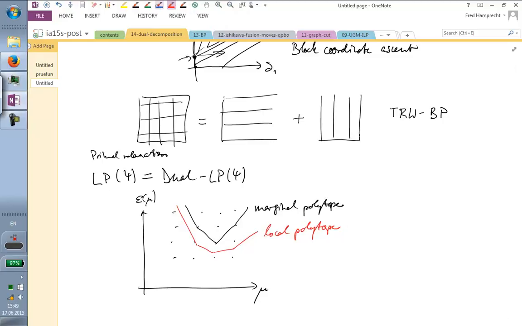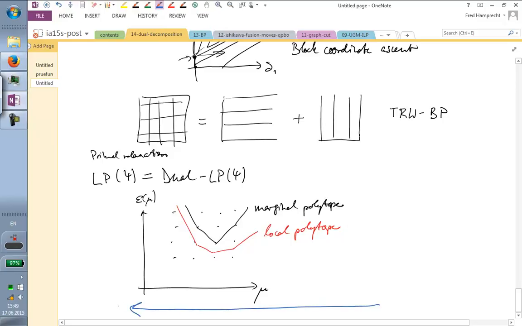And now we have a second space. I'm drawing a second set of coordinate axes here. We have this dual space with its dual variables delta, and with this Lagrangian that we want to maximize.